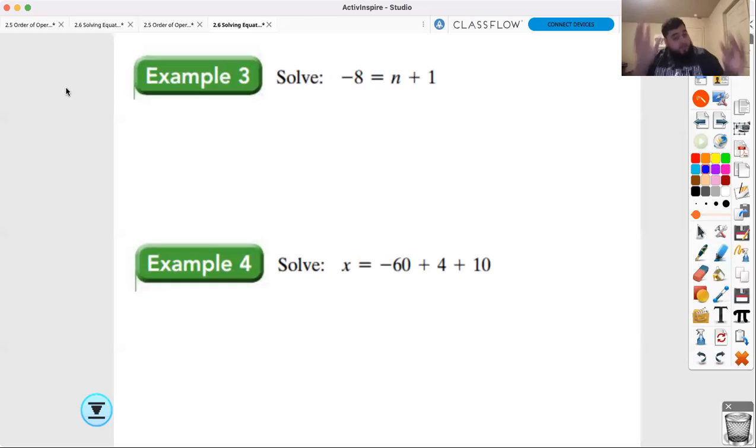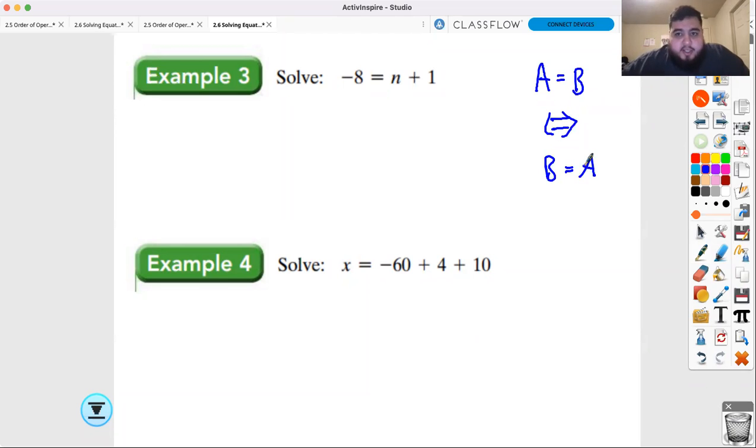Now, another math fact that I want to share with you that I did not learn till I was in college is if you have an equation A equals B, that is equivalent to B equals A. So what that means is if you don't like the way the equation is originally set up, you can flip it.